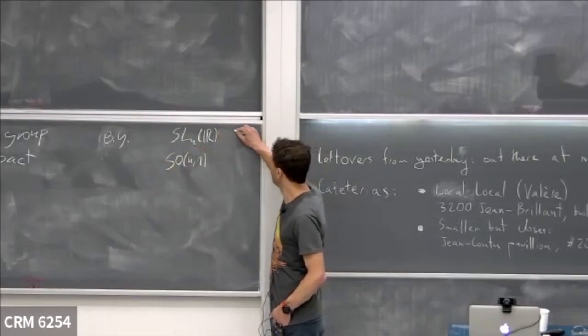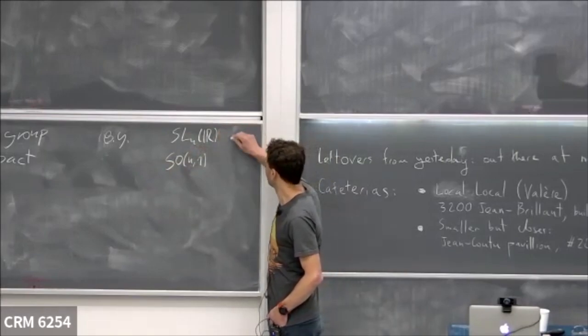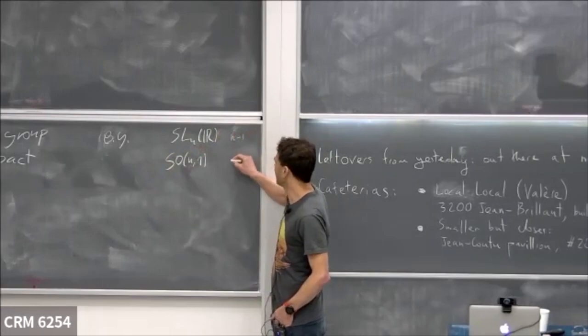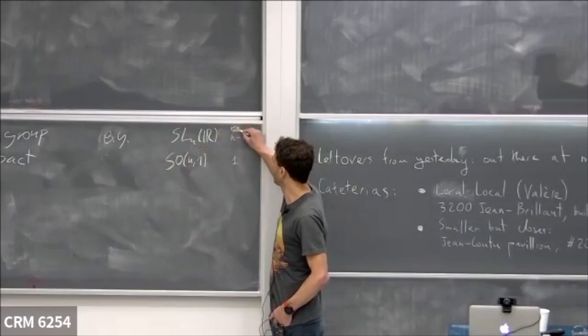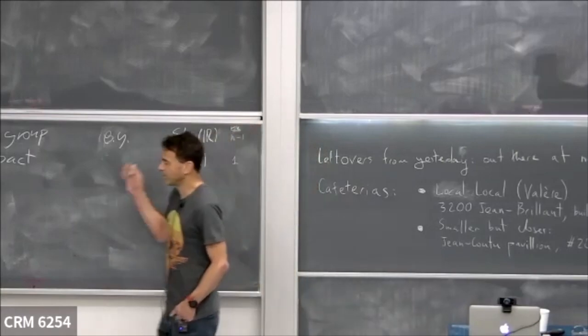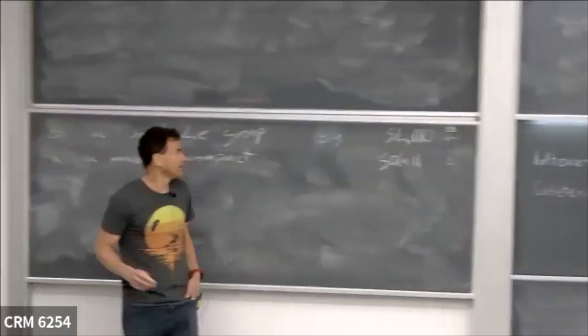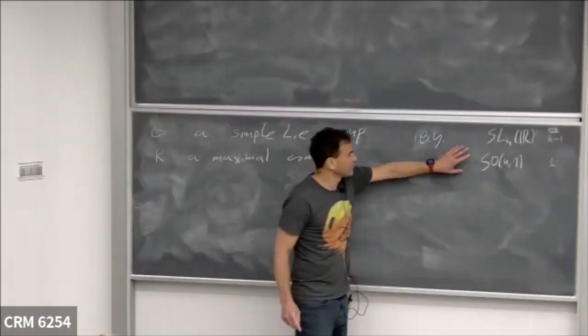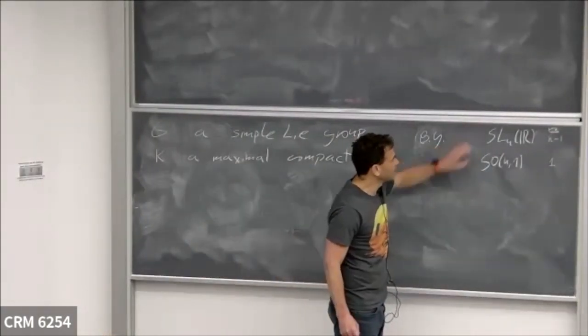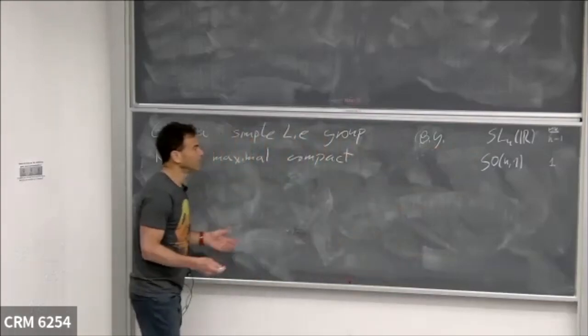The rank of this one is n minus 1, and the rank of this one is 1. So that's the rank. Then there is some dichotomy between high rank and rank 1. Sometimes we think of this as hyperbolic, and this as more rigid.